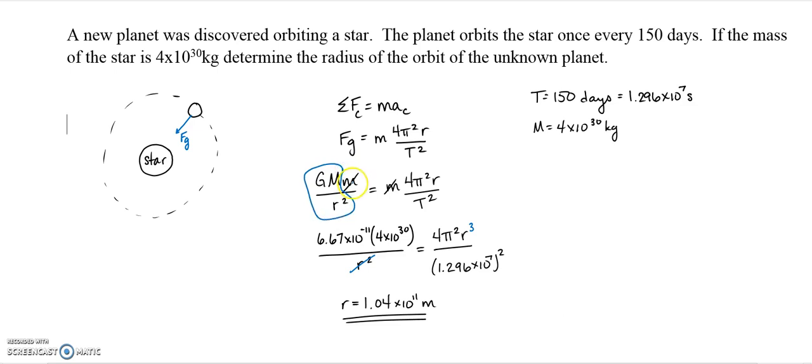It's little m times little g, so there's your little m, and this stuff here is your little g. If you were ever asked to solve for just the gravitational field strength at a location, you would just do G, which is 6.67 times 10 to the negative 11th, times the mass of the object creating the gravitational field, divided by the radius at which you're calculating it, squared.